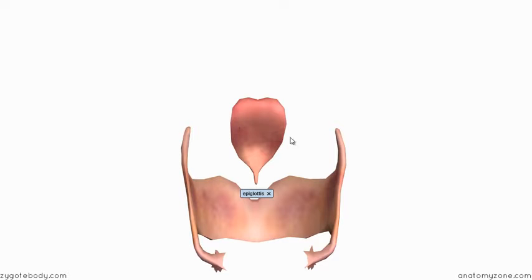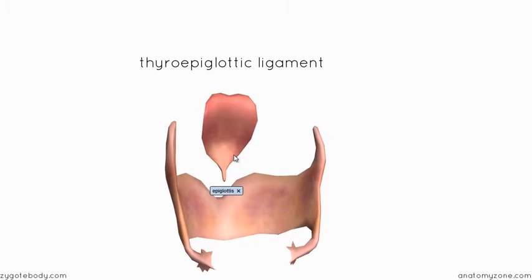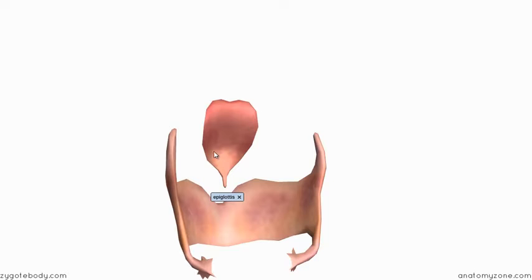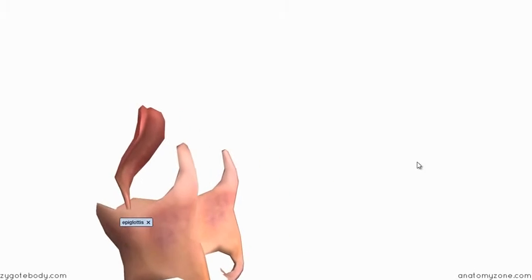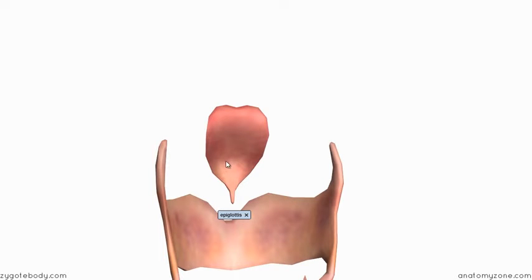The stem of the epiglottis is connected to the posterior surface of the thyroid by a little ligament called the thyroepiglottic ligament, because it connects from the thyroid to the epiglottis. And also on the posterior surface of the epiglottis, which isn't very clear on this model, you've got a little tubercle which sits in the inferior half of the posterior surface of the epiglottis.